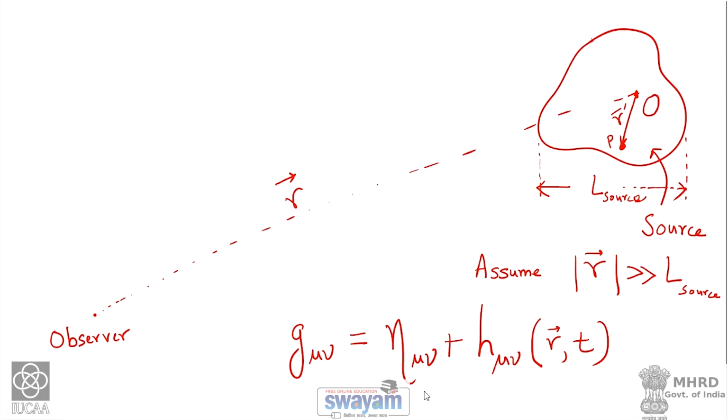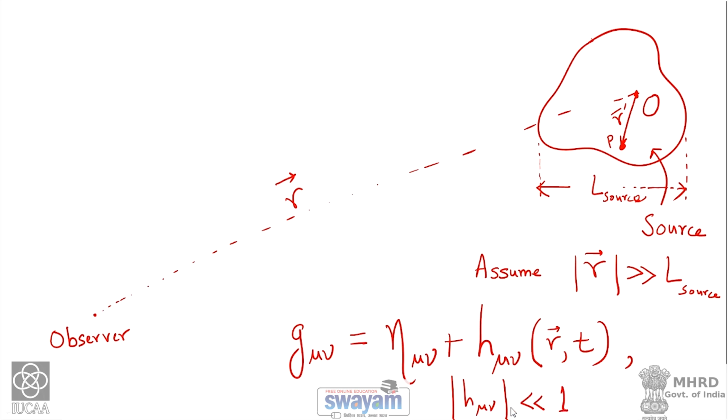Eta mu nu, we know the time component is +1, 1 component is -1, 2 component is -1, 3 component is -1, and therefore, the fact that this metric perturbation is much small compared to the Minkowski background metric, our condition therefore is that the absolute value of h mu nu is much small compared to 1.